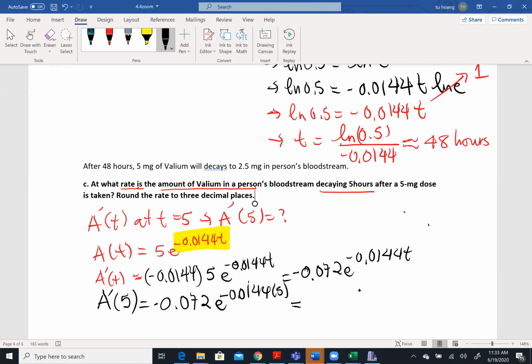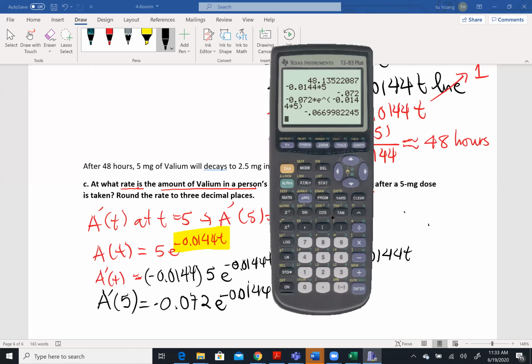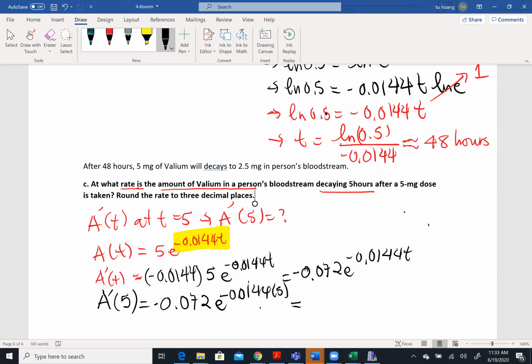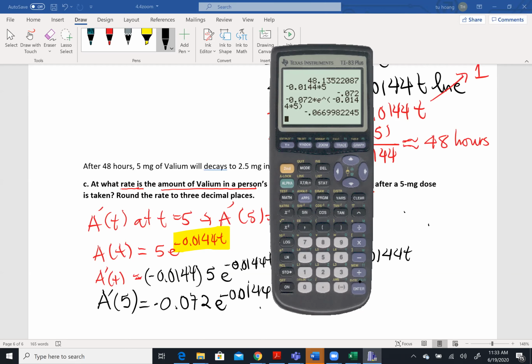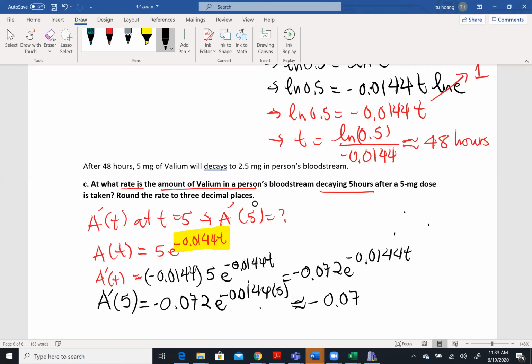Round the rate to 3 decimal places, so that's negative 0.067, sorry, 3 decimal places.